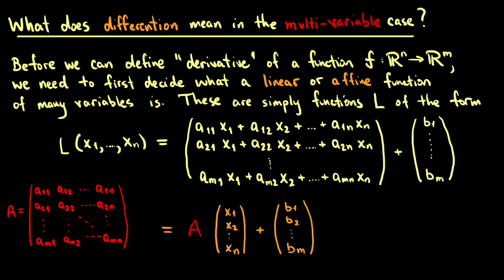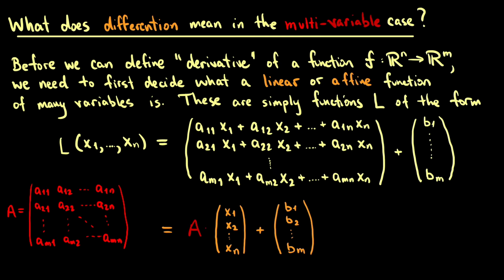So A will be a matrix which is m by n. Okay, it's going to have m rows because there are m outputs. All right, so A is m by n.